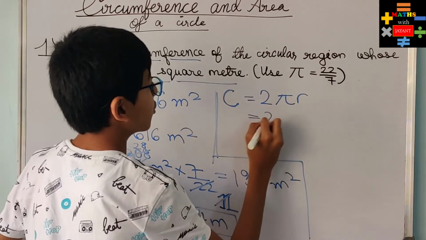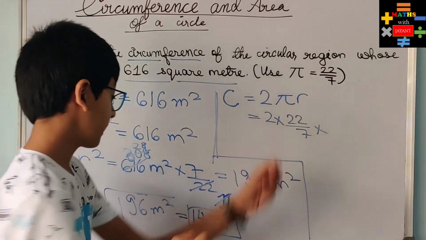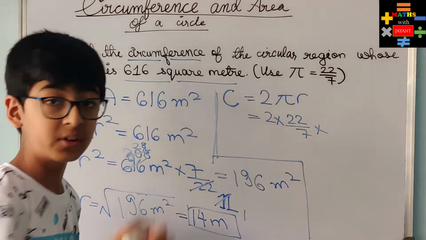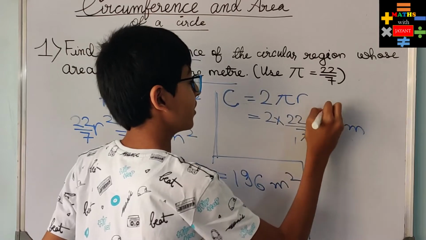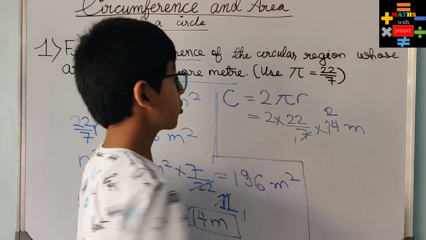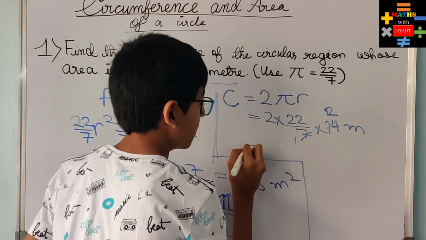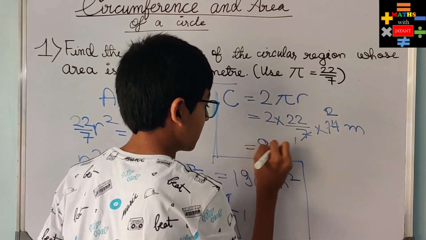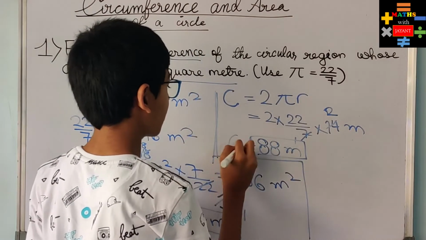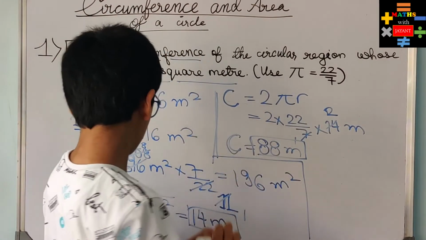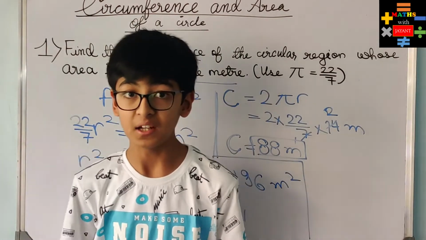So this becomes 2 into pi, which is 22 by 7, into radius, which is 14 meter as we calculated. 7 2s are 14. 2 2s are 4. 4 into 22 gives us 88. This becomes 88 meter finally. So the circumference of the circle is equal to 88 meter. Our final answer will be 88 meter.